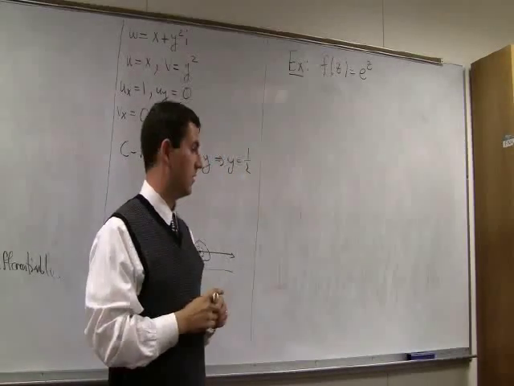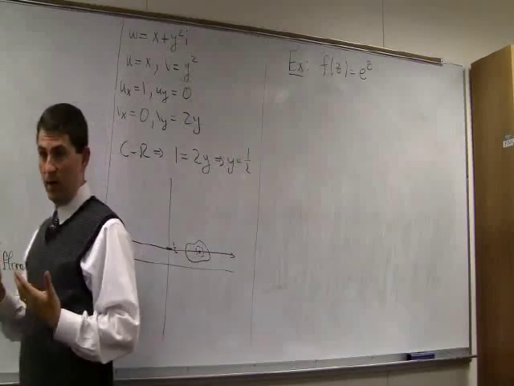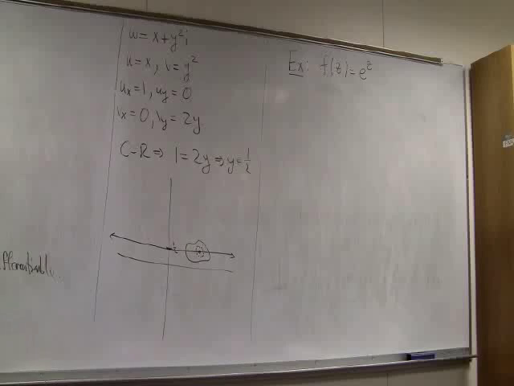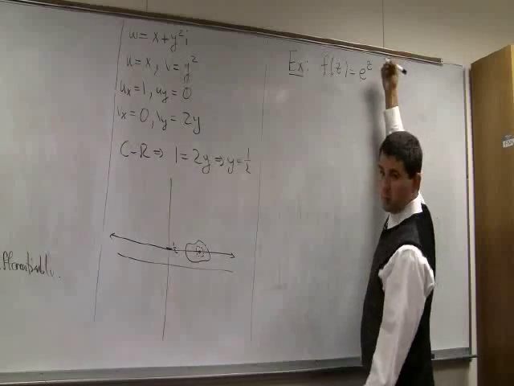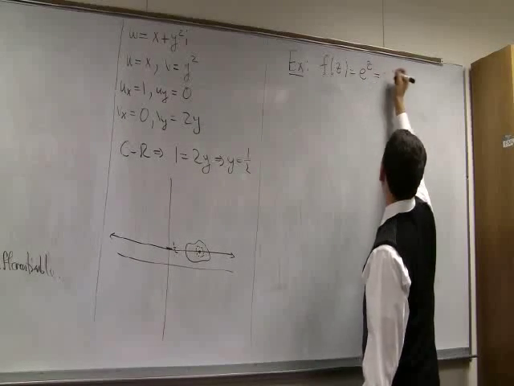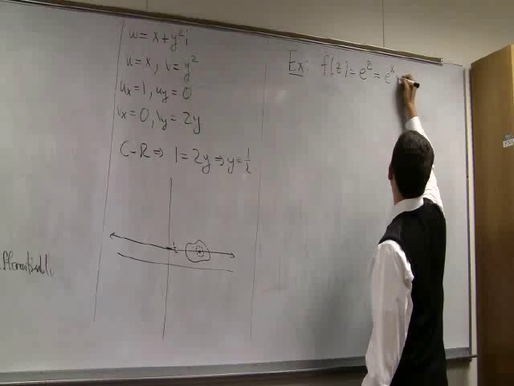It's a complex function. Well, to use the Cauchy Riemann equations, we need to break it up into the form u plus vi. So if we write z as x plus yi, then this becomes e to the x times e to the yi.